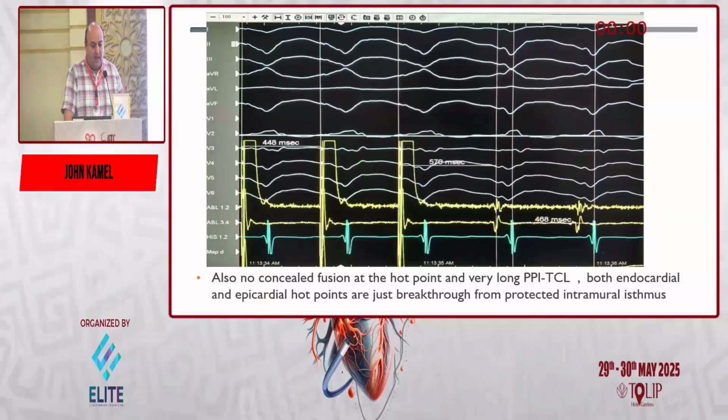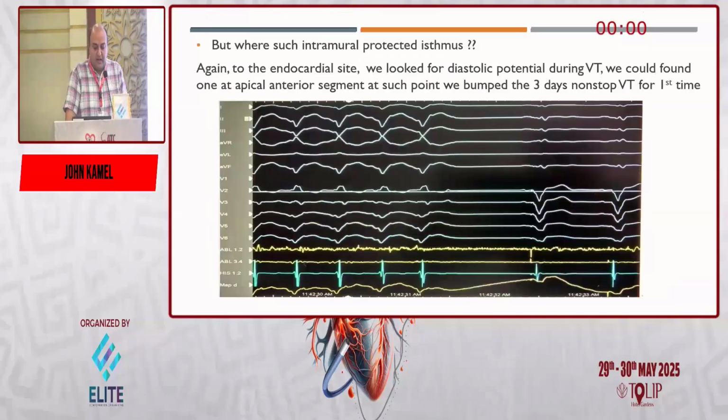So I revised my activation map, and even got another Pentaray to search for any diastolic potential. And I was lucky that I got a diastolic potential inside the anterior edge, anteroseptal edge of the scar.